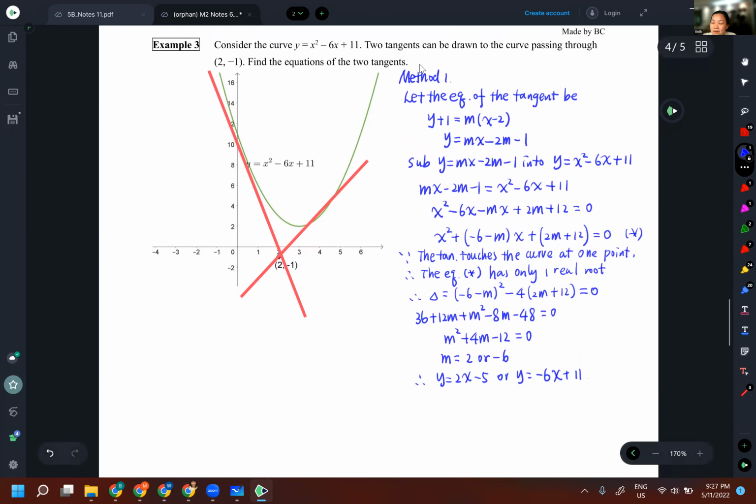And this method, I think, as a revision, because the test is next week.